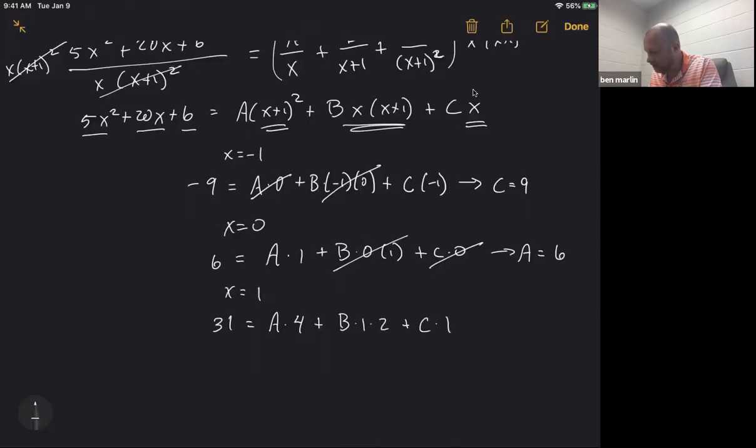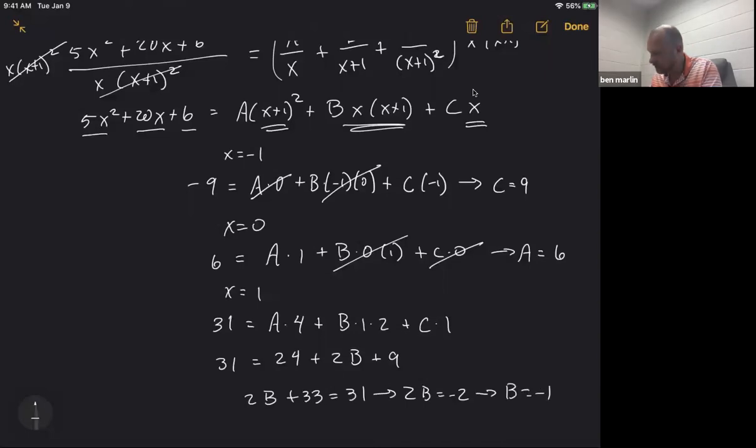So here you've got 31 equals 4 times A, but A was 6, so that's 24, plus 2 times B, we don't know B, that's what we're solving for, plus C is 9. So that means that we have 2B plus 33 equals 31, 2B equals -2, B equals -1. All right? Now we've got our A and B and C.